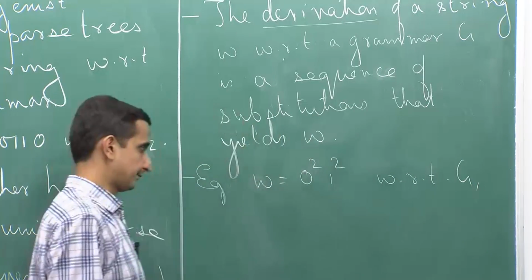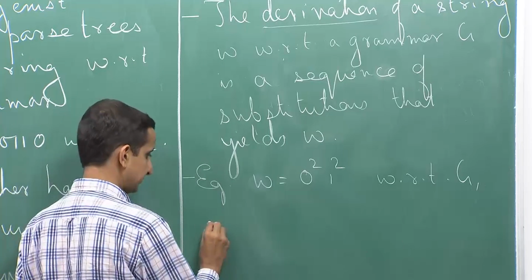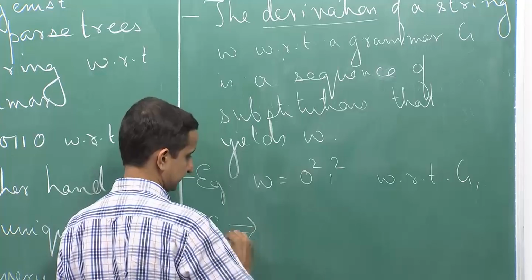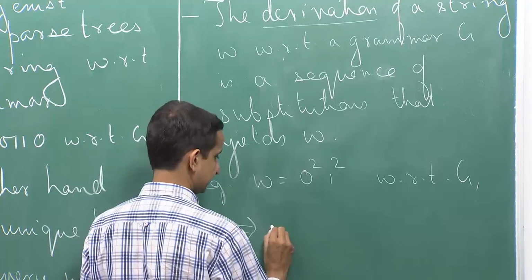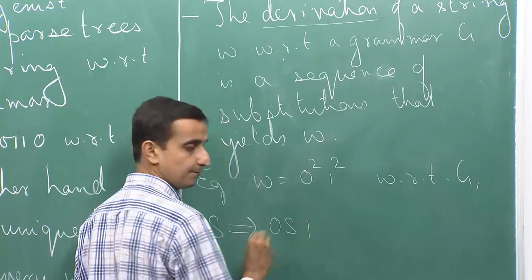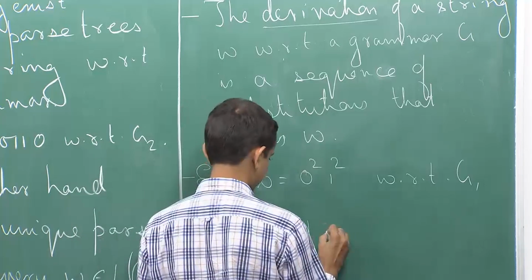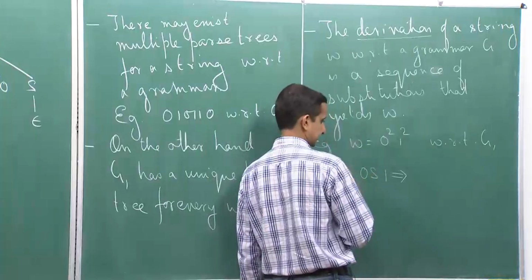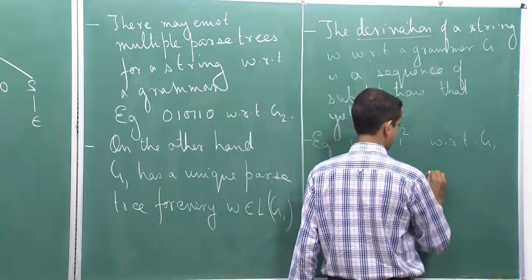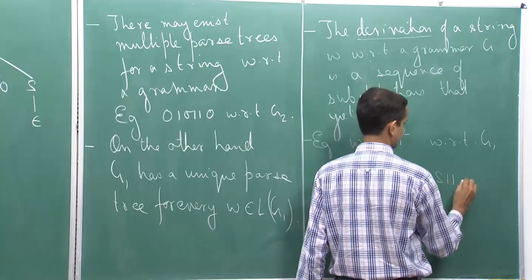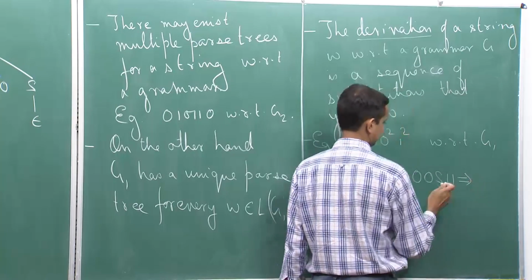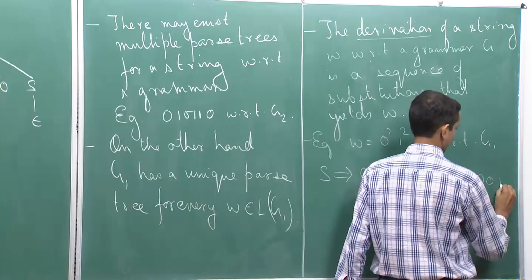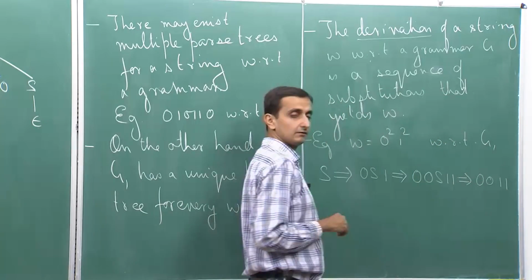With respect to the grammar G1, I get a derivation. I start with S, then the first step is S yielding the string 0S1. In the second step, S yields 0S1 again, and then I get 0011 where S is replaced with epsilon.